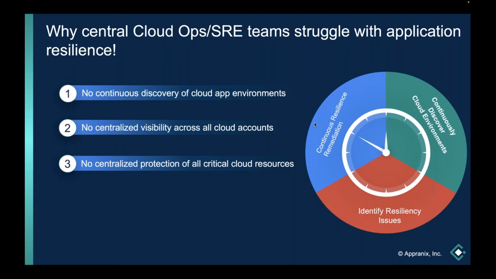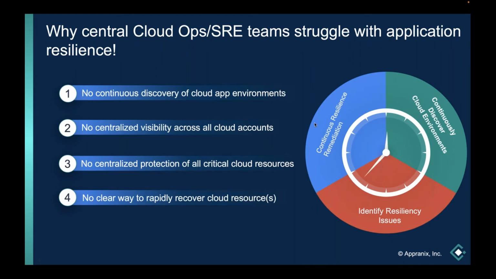First thing, you're out of compliance as soon as you know that you cannot discover all your resources. And now comes the protection, right? That is like the second aspect of it. And then comes the recovery aspect, where the resilience, if you go by the definition that I explained before, the ability to recover your cloud resources fast, is possible only when you have the visibility and protection of all the resources.